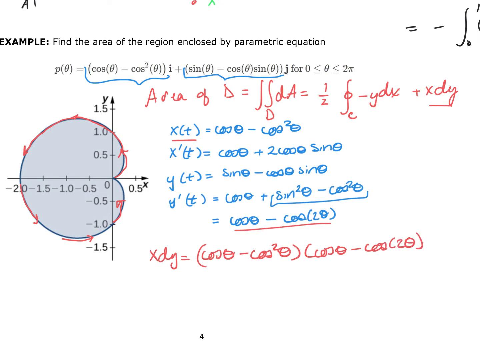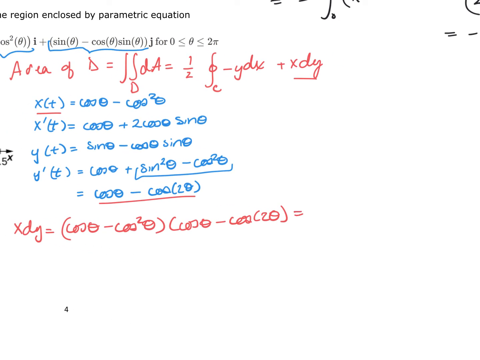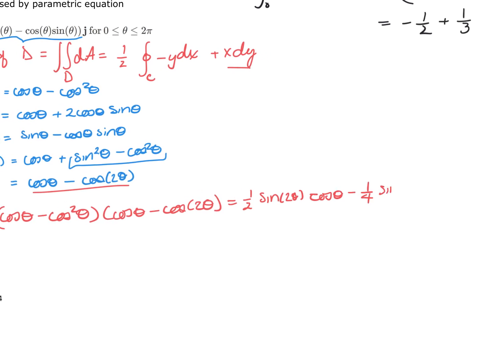Now, I'm not going to force you to watch me multiply it through, using the appropriate trig identities when necessary. I'm going to get 1/2 the sine of 2 theta, cosine of theta, minus 1/4 the sine of 4 theta.